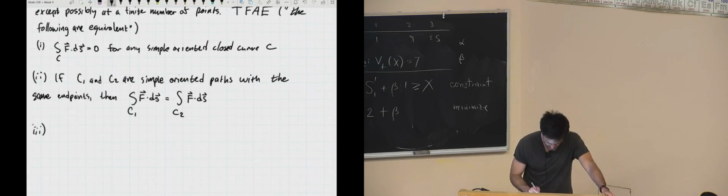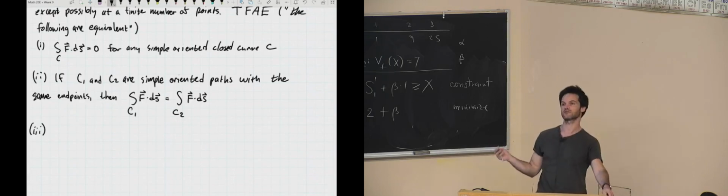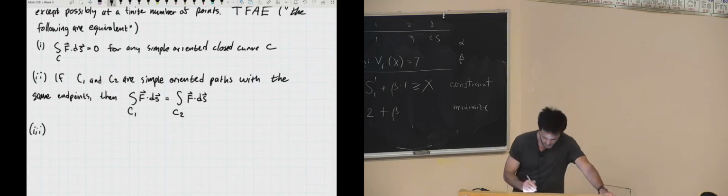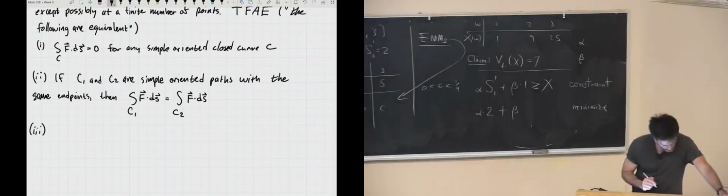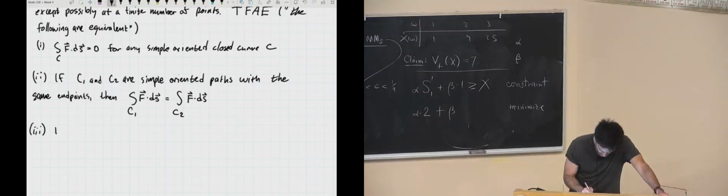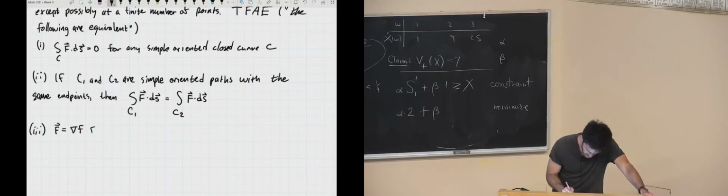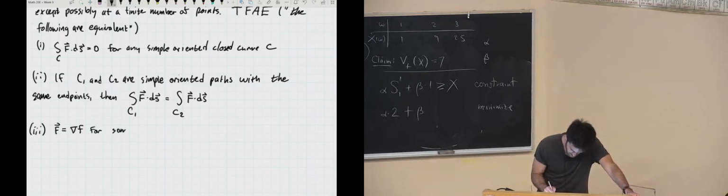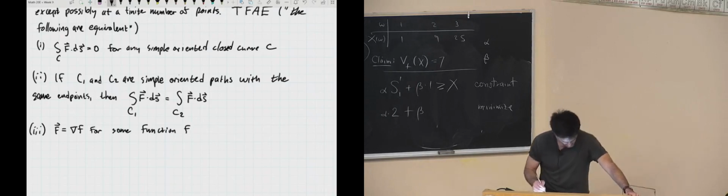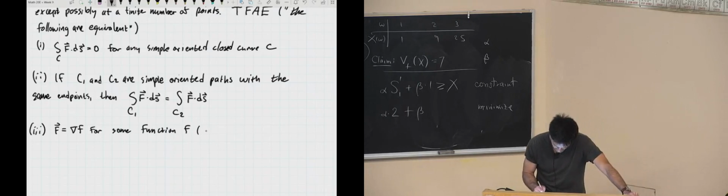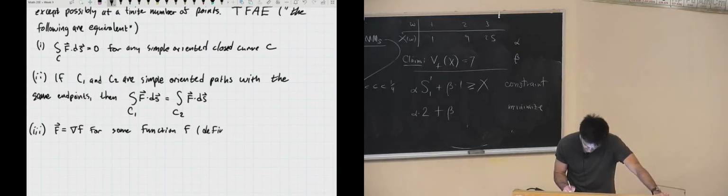The third statement is what I originally presented as the definition of conservative, which is that F is a gradient. It is defined where capital F is defined.